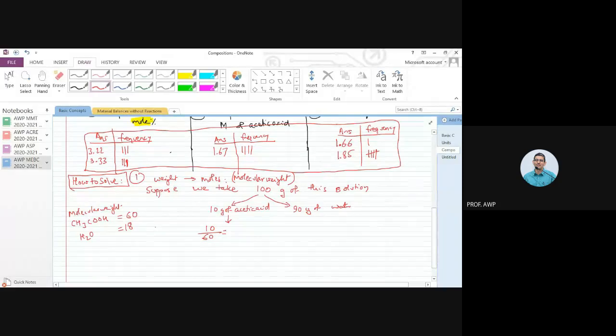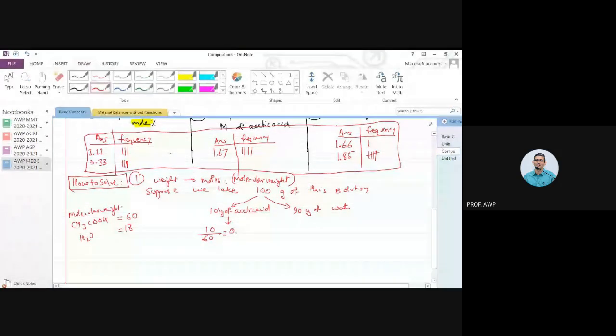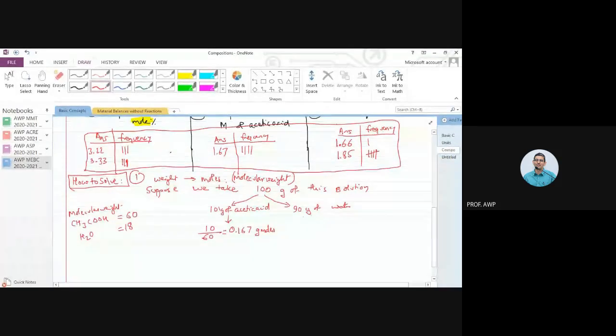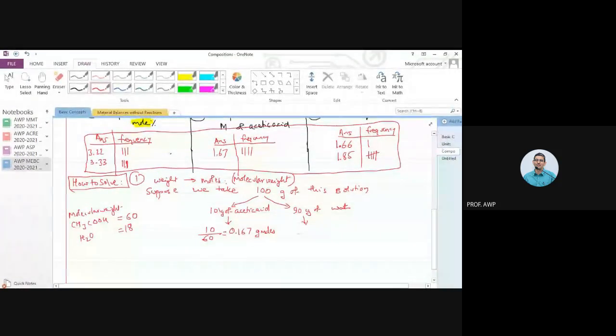This is 0.167 gram moles. 90 grams of water would be 90 divided by 18, which would be 5 gram moles of water.